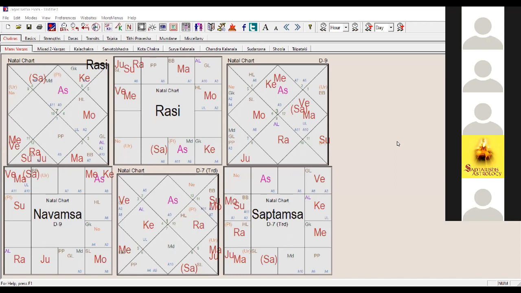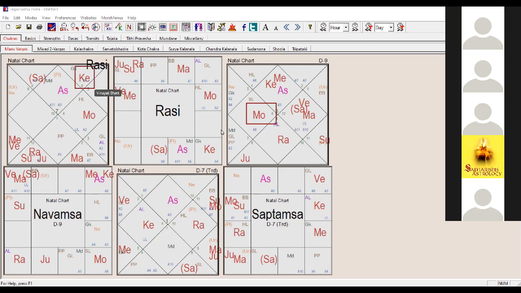Now go through all the divisional charts. See in the D9 chart, moon is connected with Virgo. Virgo is in the 12th house.